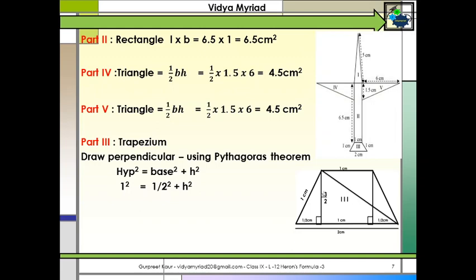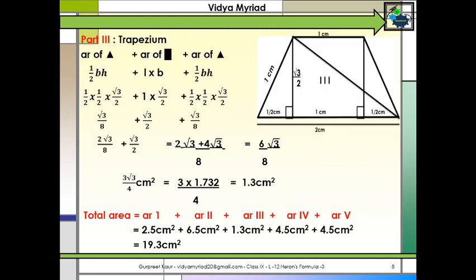So base is half. When I solve this, it will come to as height is equal to root 3 upon 2. Okay, so you need to find out the square root because 3 upon 4 is the h square. So a square root of that comes to root 3 upon 2. Now let us find out these individually.